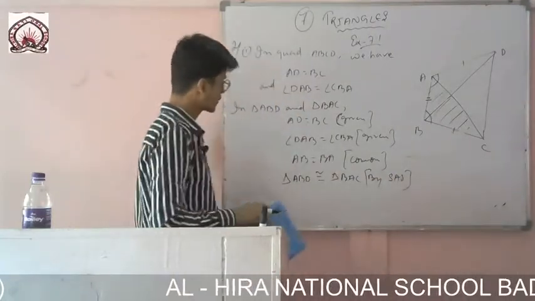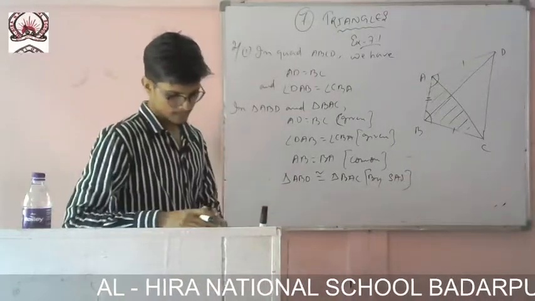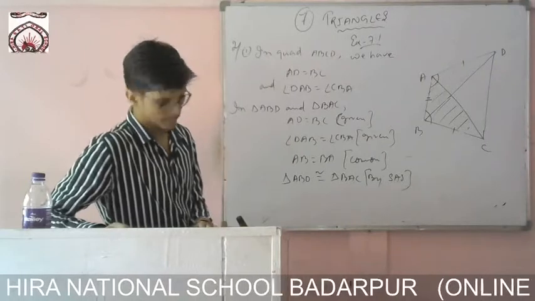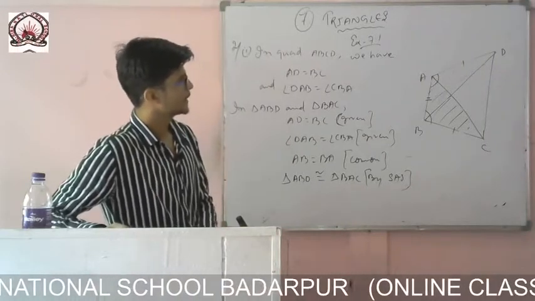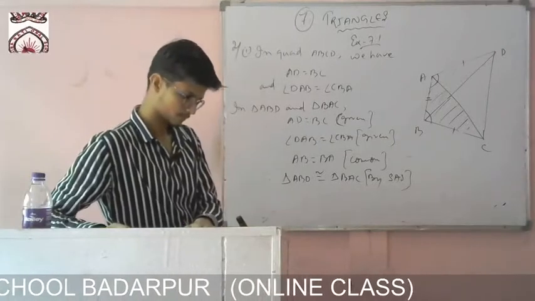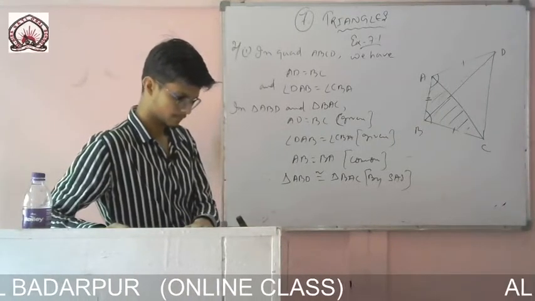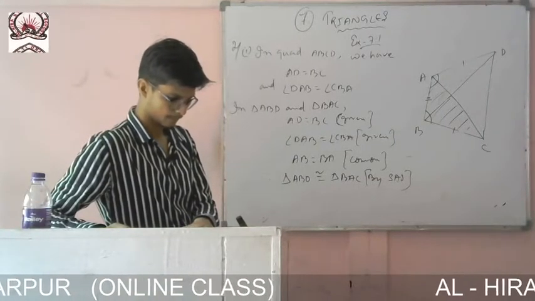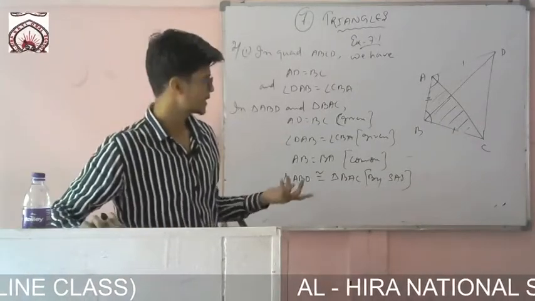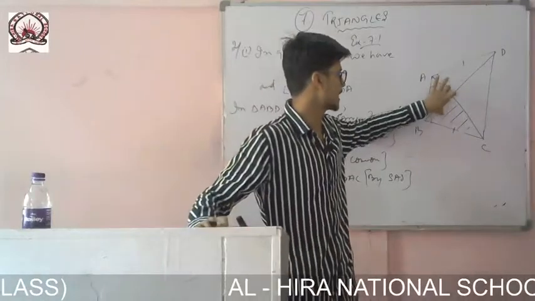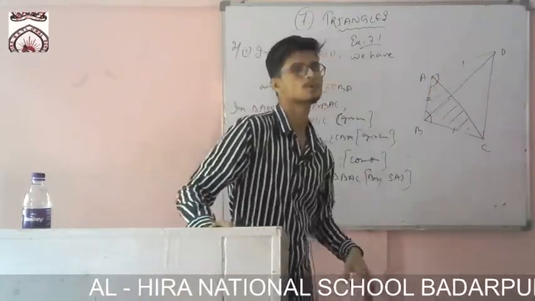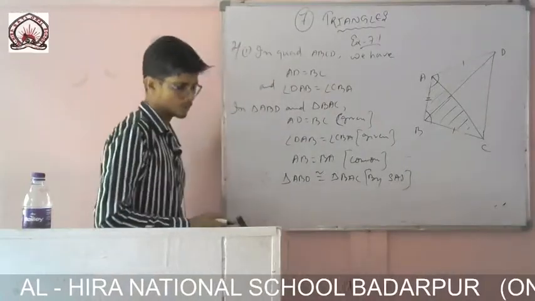Next question: it is given that BD equals AC. Just now we have proved these two triangles are congruent, so I can say that BD equals AC because of corresponding parts of congruent triangles.